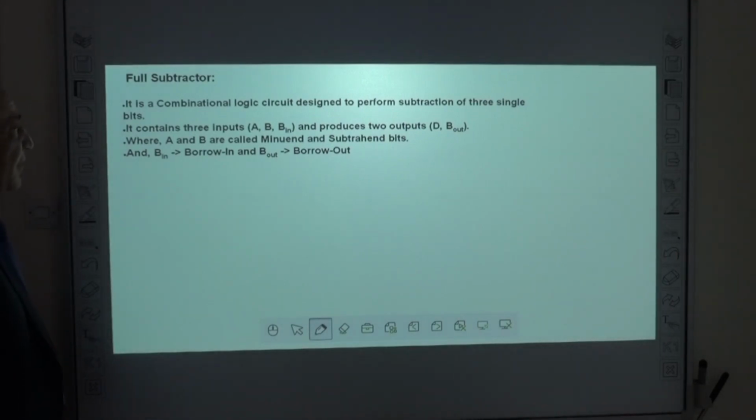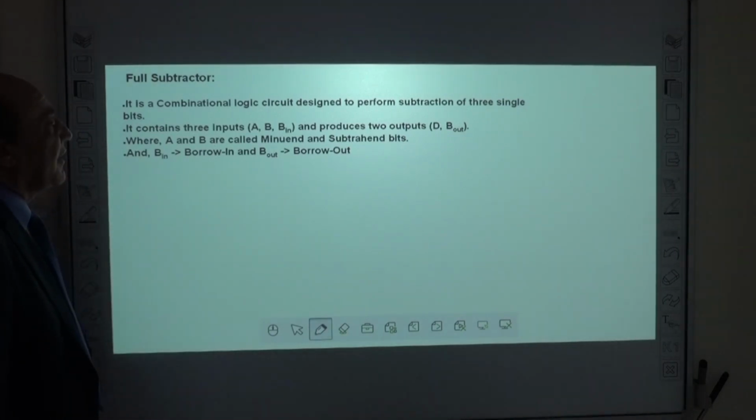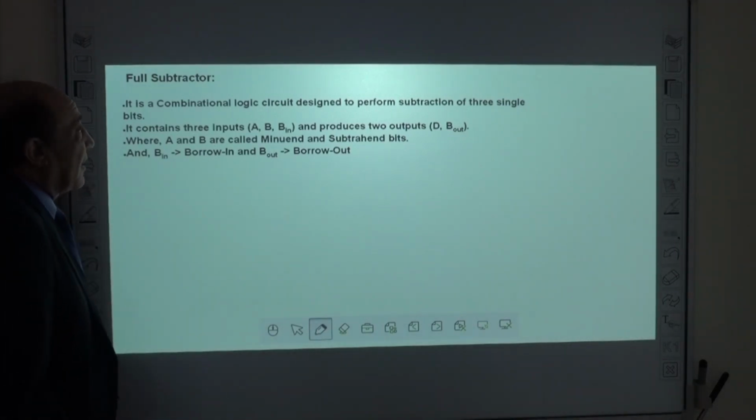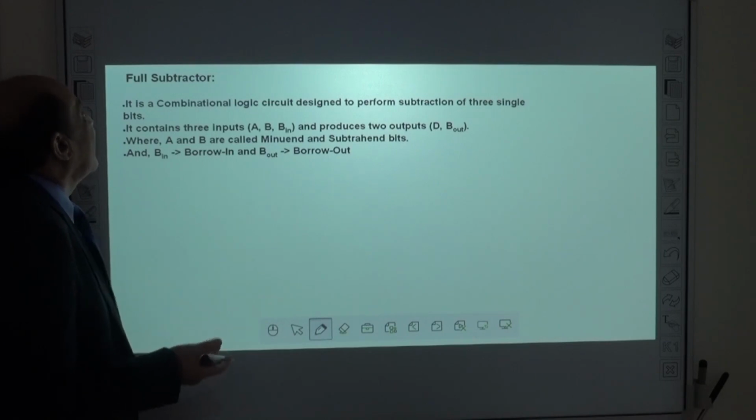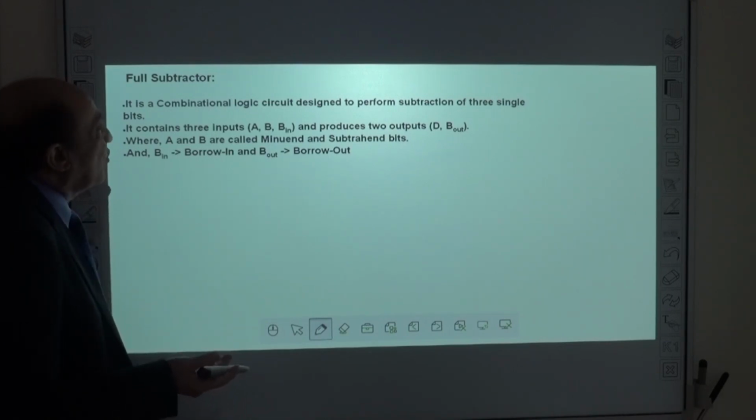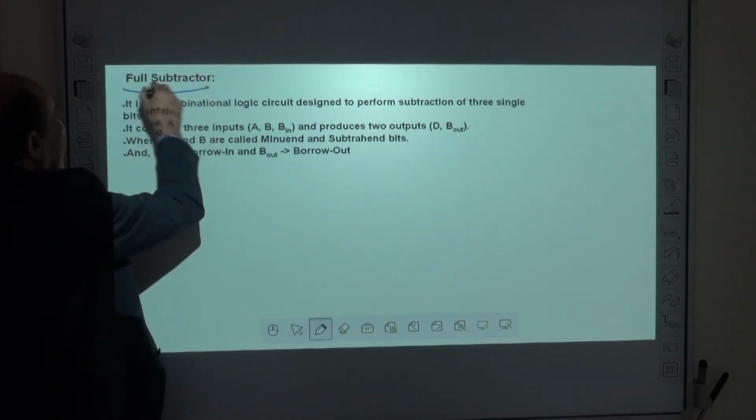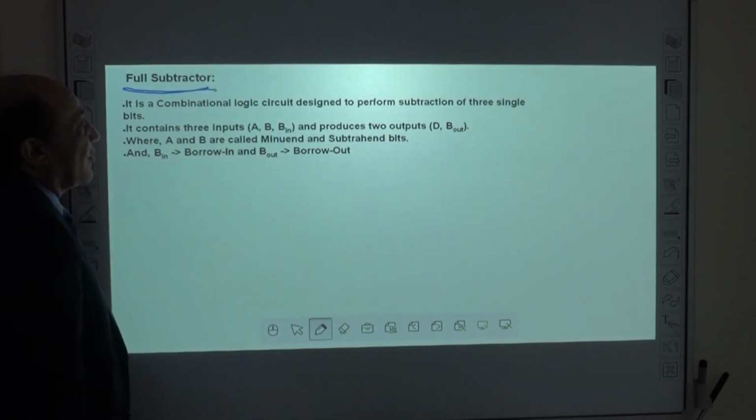For a subtractor, we subtract 3 bits to generate difference and borrow. Although full subtractors are not used as separate circuits, usually we perform subtraction in computers using adders.